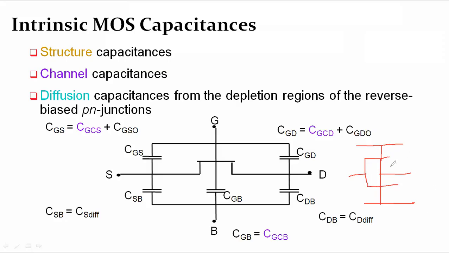Here the metal layers are wires connecting one layer to another layer. Interconnecting between one layer to another layer, a wire is required.